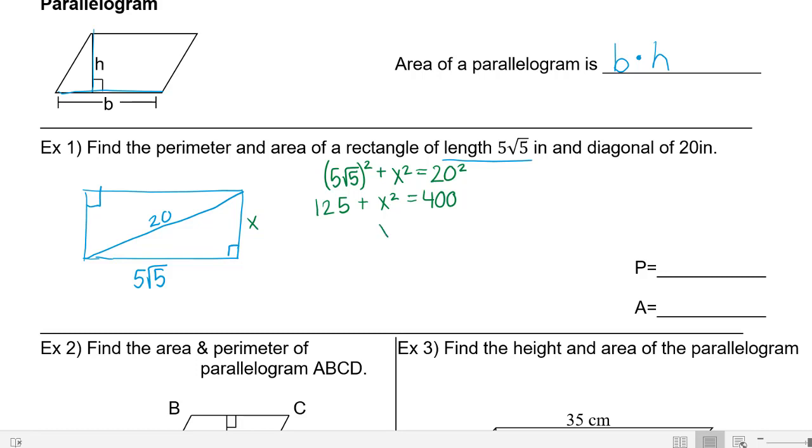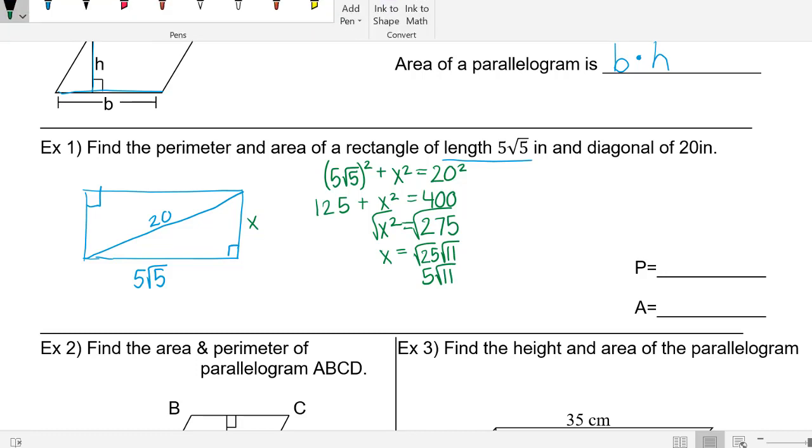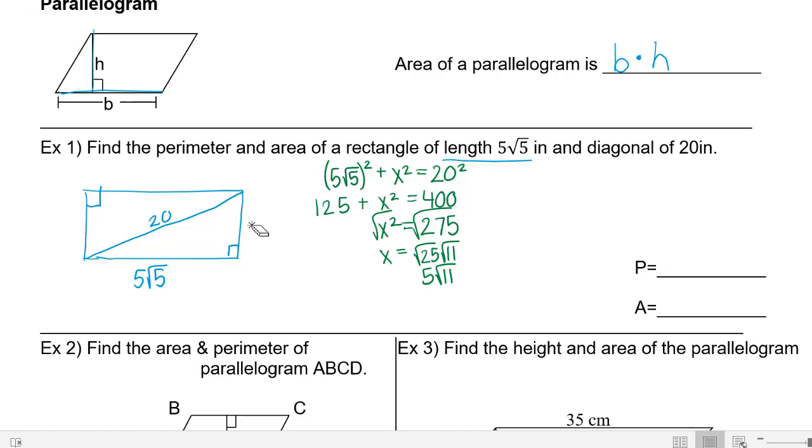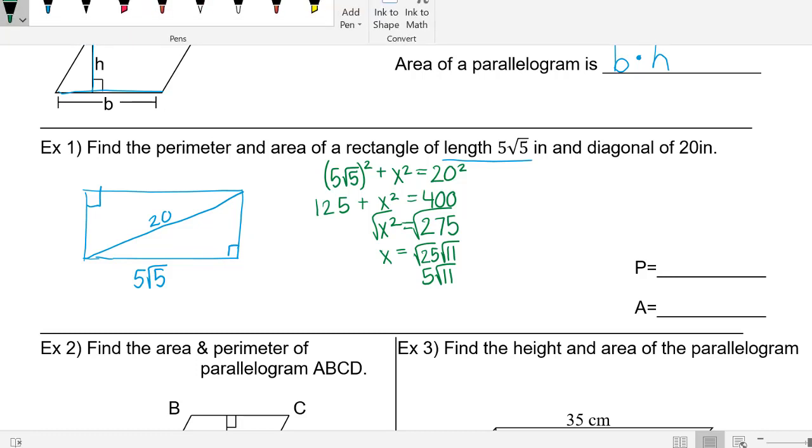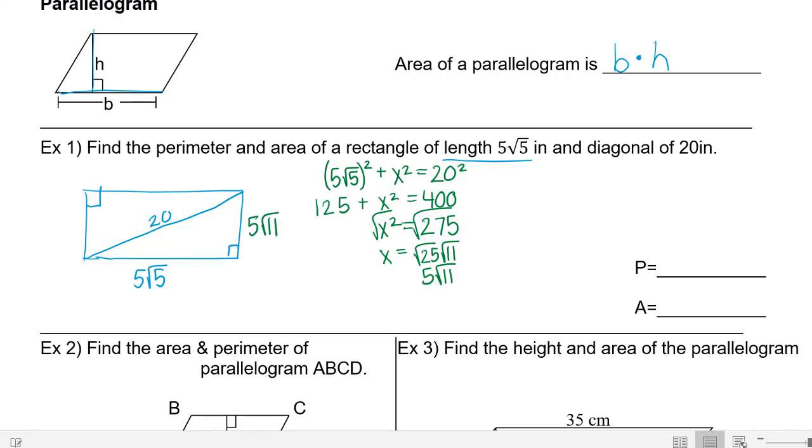Move that 125 onto our other side. And then take the square root of that 275, which we get x is equal to, we could split that up to root 25 times root 11, which is going to be 5 root 11 when we simplify that radical. All right, so there's our missing measurement of 5 root 11 now.